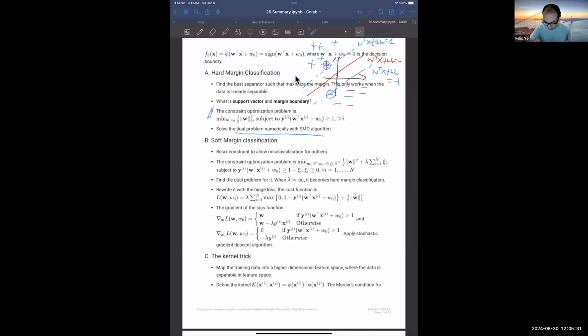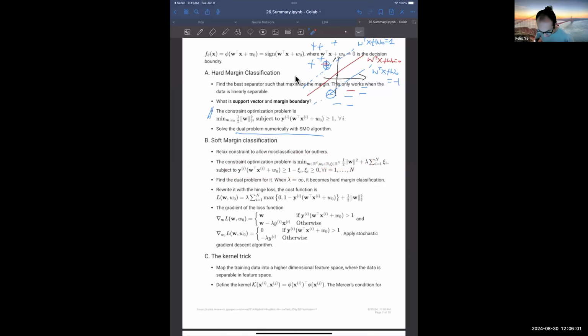Now we change our constrained optimization into the following form, which again is not that easy to solve. We can find the dual problem like what we did in the hard margin problem. Of course, if we set lambda to be infinity, it becomes a hard margin again. That means I don't want to allow any misclassifications.